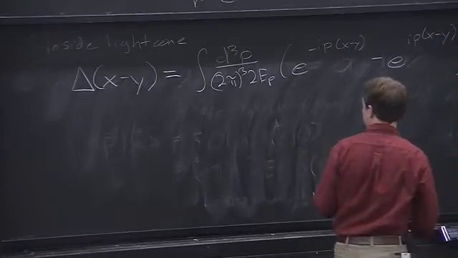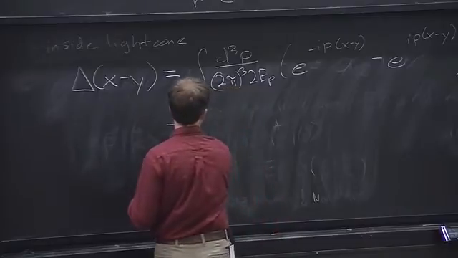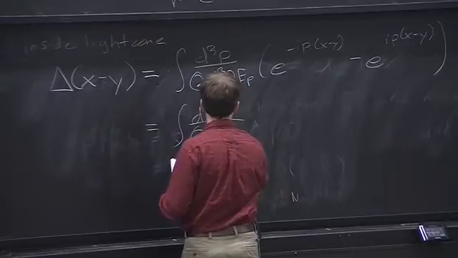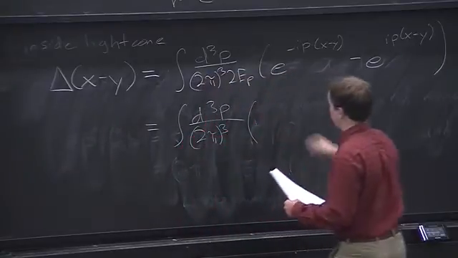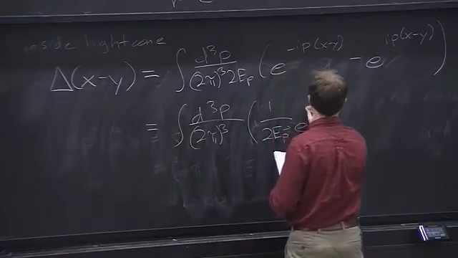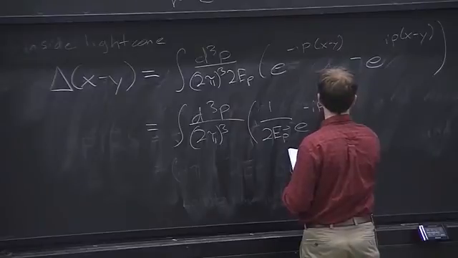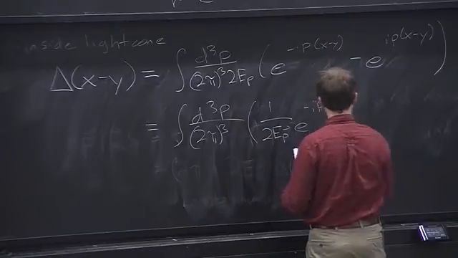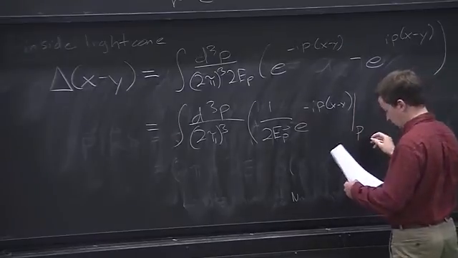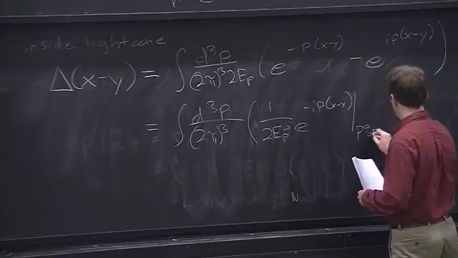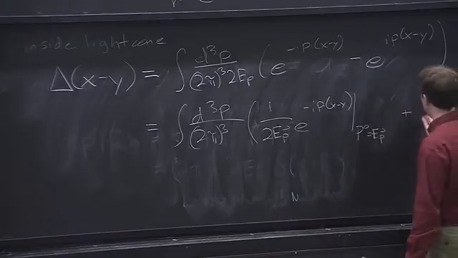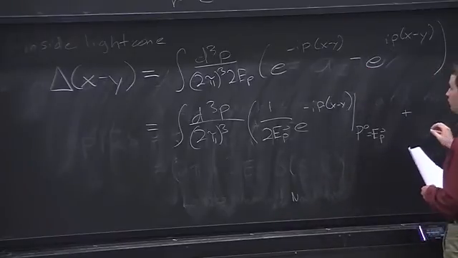Okay, so the first thing I'm going to do is bring in this factor of 2E_p. And if you remember, we defined p naught to be equal to E_p, so I'm just going to explicitly write that here. And the other term, I want to flip this sign, and I'm going to do that as follows.